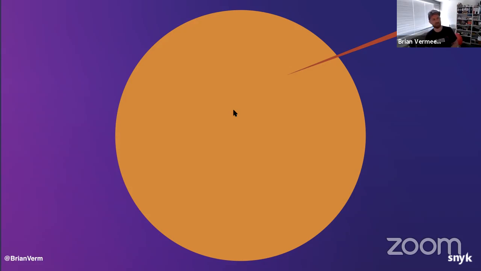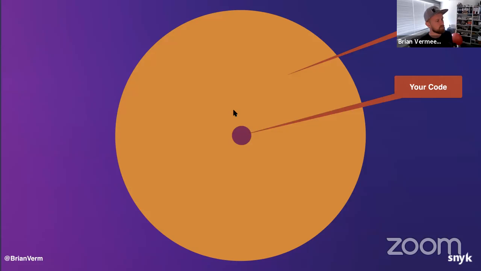How much of this big yellow ball is the code you wrote? Probably this, right? We depend heavily on frameworks, libraries, multiple libraries that depend on other libraries. And a bunch of this stuff, or most of the code that you put into production, is not yours.